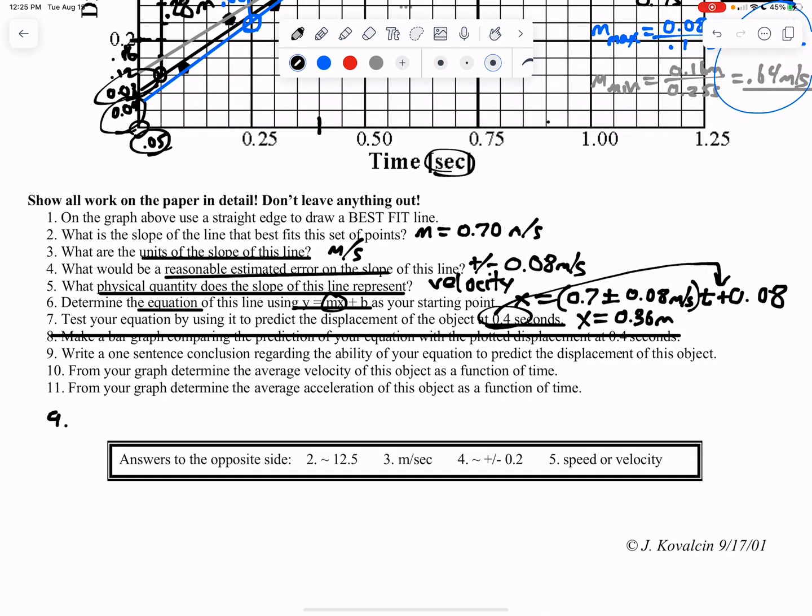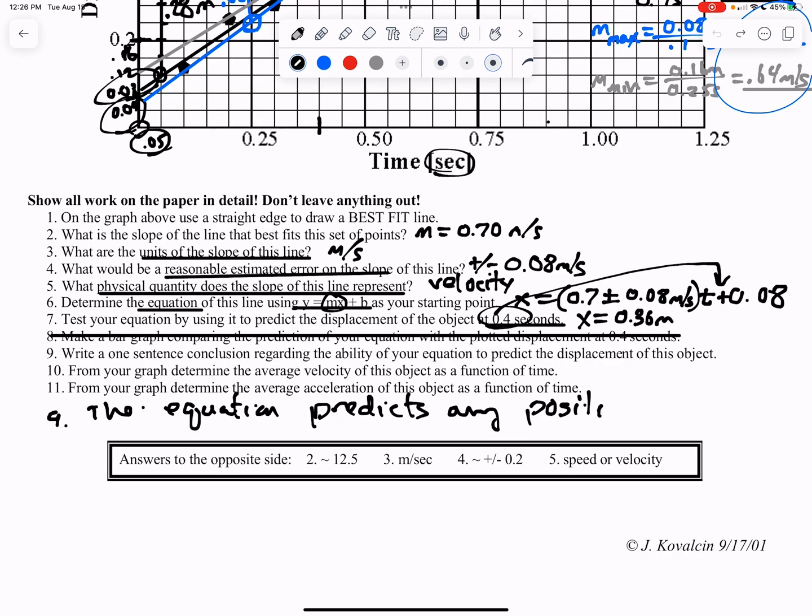Number 9 is asking us to write a sentence conclusion regarding the ability of the equation to predict the displacement of the object. So basically the equation predicts any position given a specific time, right?